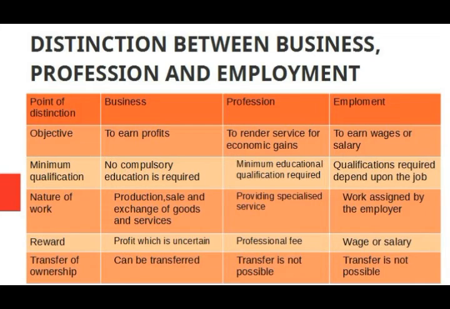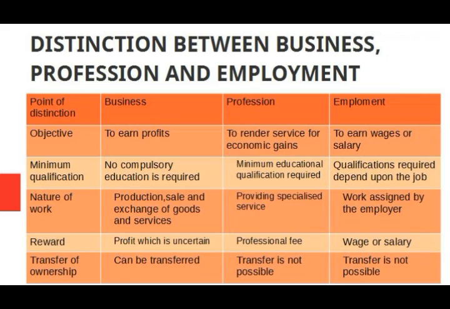Next one, minimum qualification. For business, there is no hard and fast requirement that you need to be qualified. For profession, minimum educational qualification must be there, as well as specialized knowledge and training. And in case of employment, the qualification required depends upon the job.